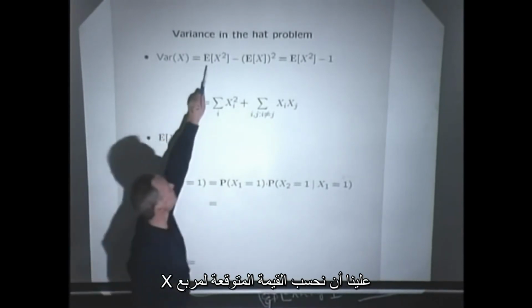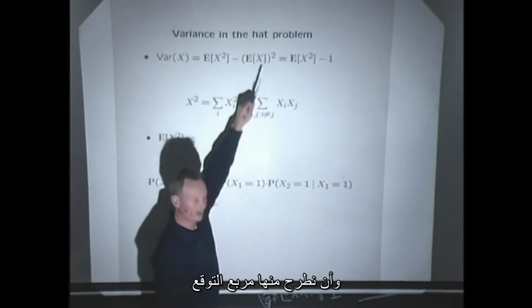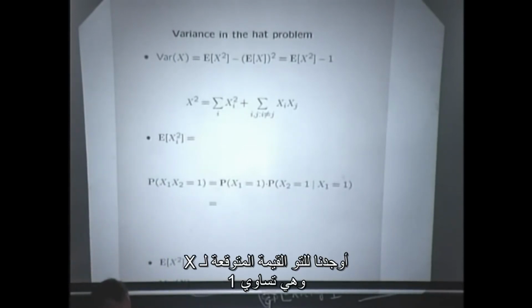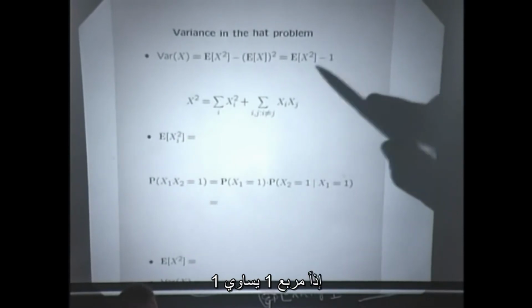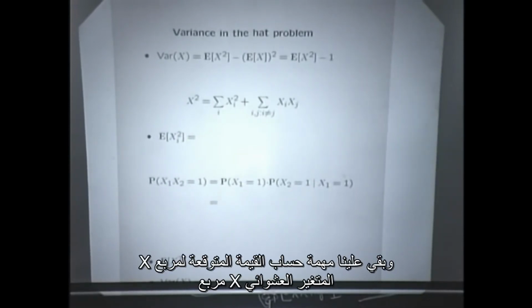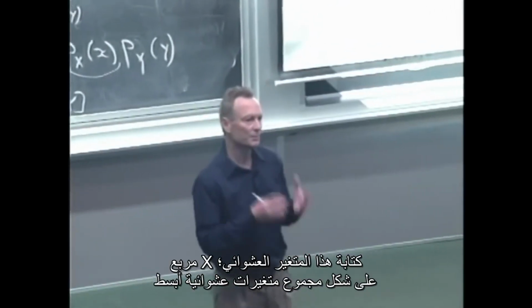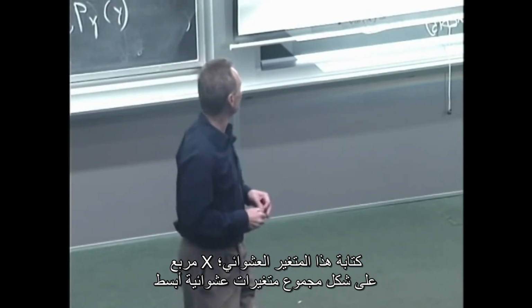So we need to calculate the expected value of x squared and subtract from it the expectation squared. Well, we already found the expected value of x. It's equal to 1, so 1 squared gives us just 1. So we're left with the task of calculating the expected value of x squared, the random variable x squared. Okay, let's try to follow the same idea. Write this messy random variable x squared as a sum of hopefully simpler random variables.